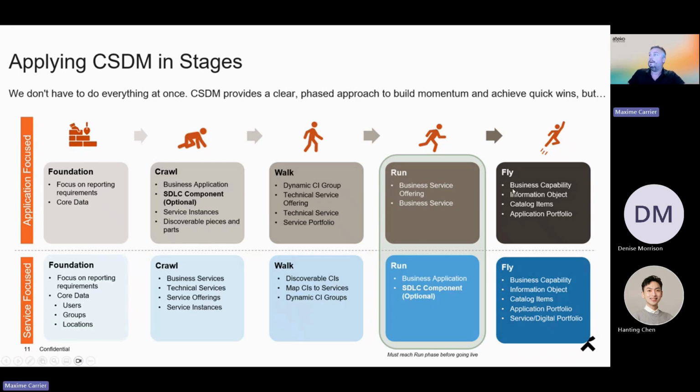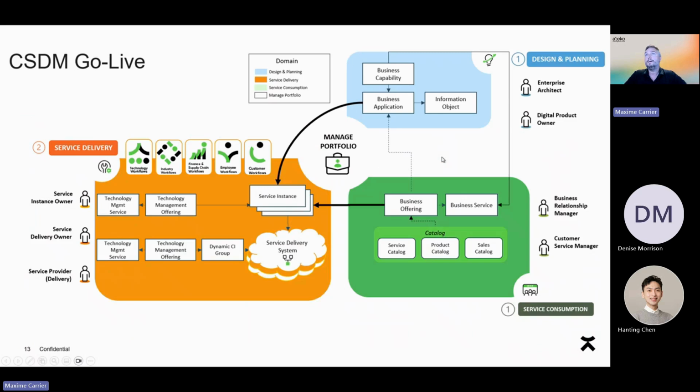And then fly, you can create your business capabilities, associate catalog items to certain offerings, whether it's technical or business, and then take on EA and so forth.